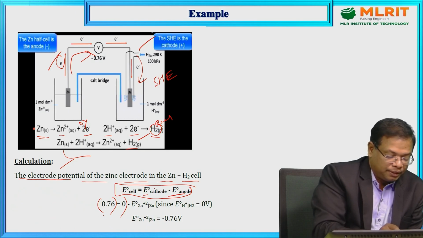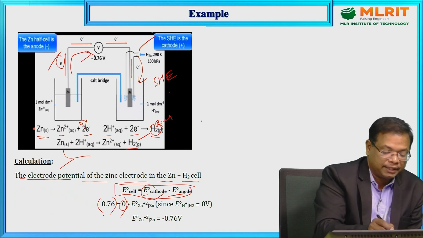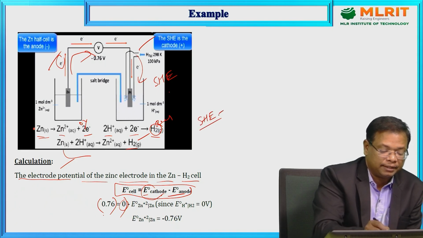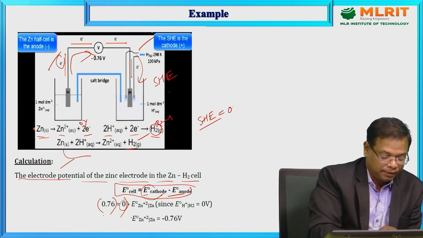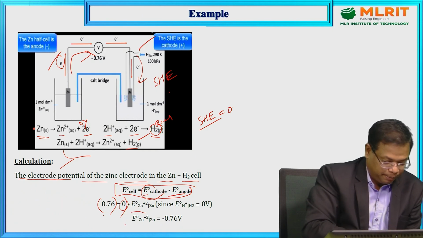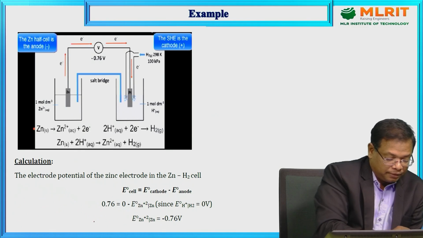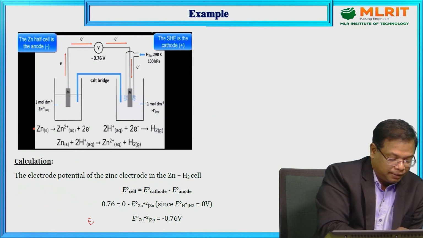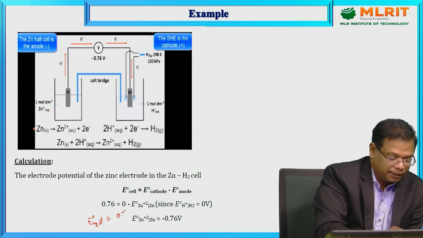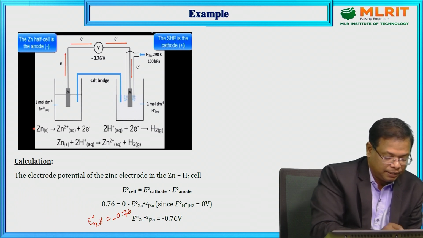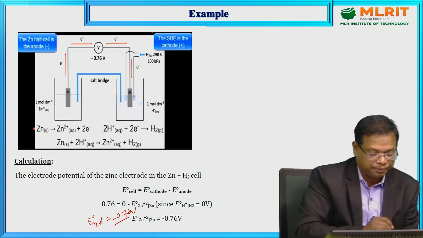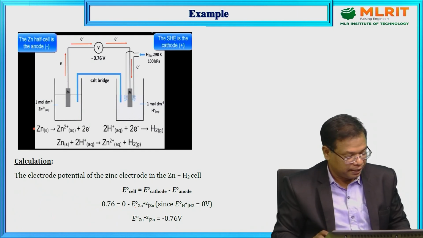So E0 cathode is 0, since the standard hydrogen electrode is taken as 0. So 0 minus E0 of Zn2 plus. Finally, E0 of Zn2 plus equals minus 0.76 volts. This is the measured value.